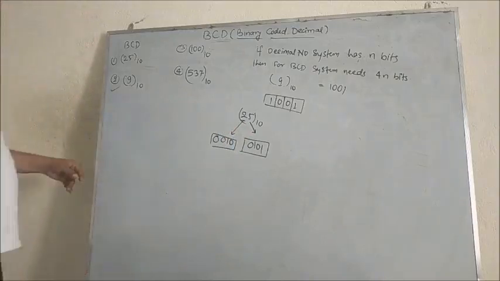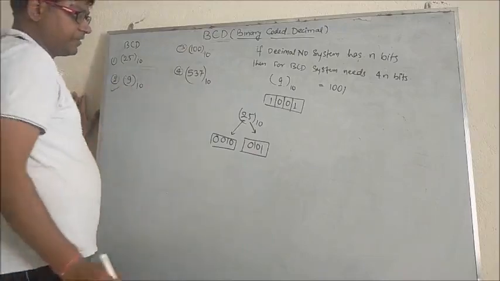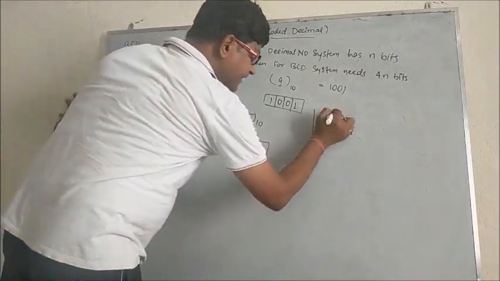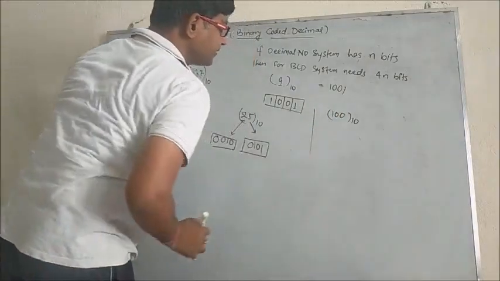Next, let us see the third example. In the third example we are having 100. How many digits are there in 100? 3 digits, right?